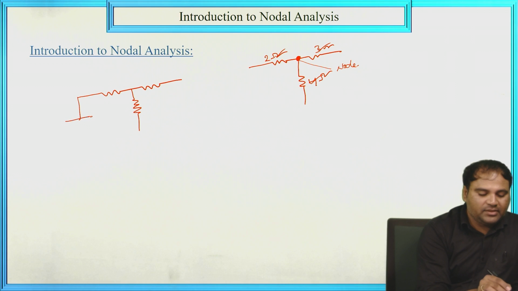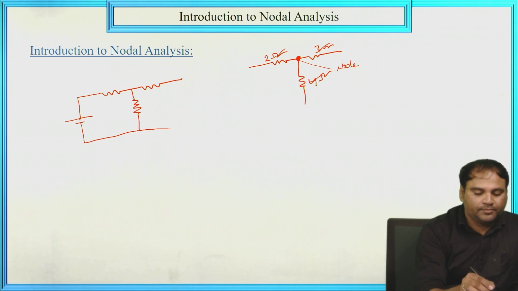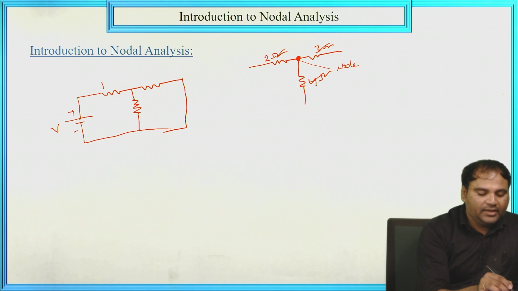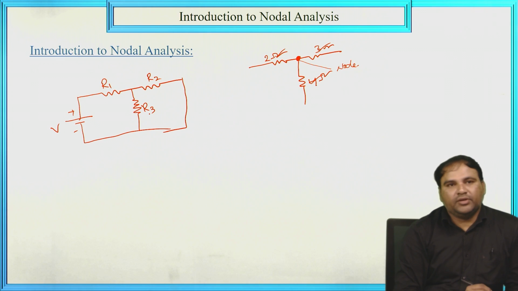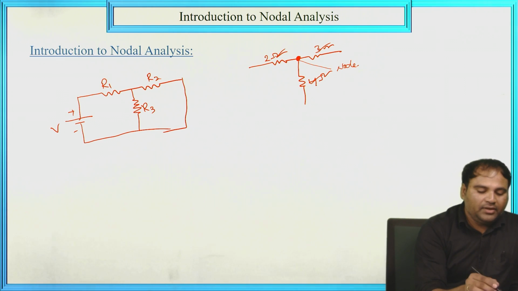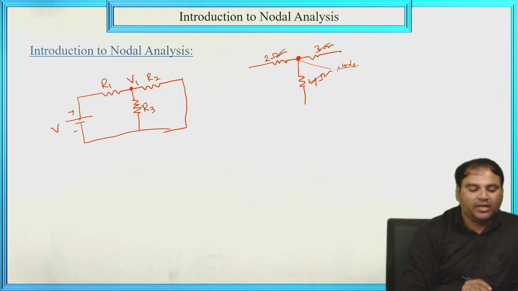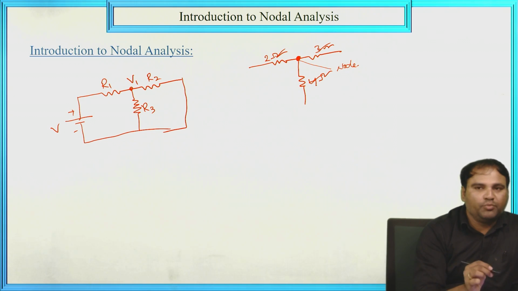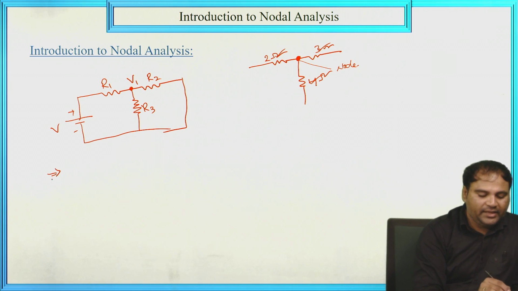I am taking a simple circuit here, with a voltage source V, and resistors R1, R2, and R3. In between these three we have one node. I am taking the node voltage as V1. Now apply KCL at this node point.